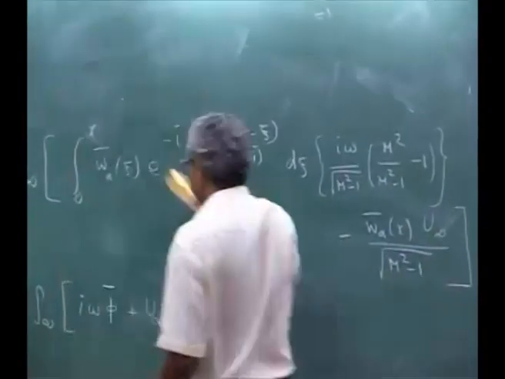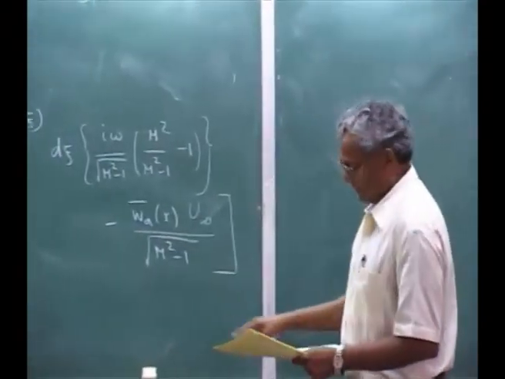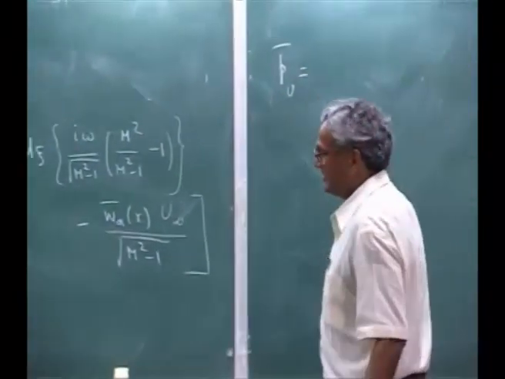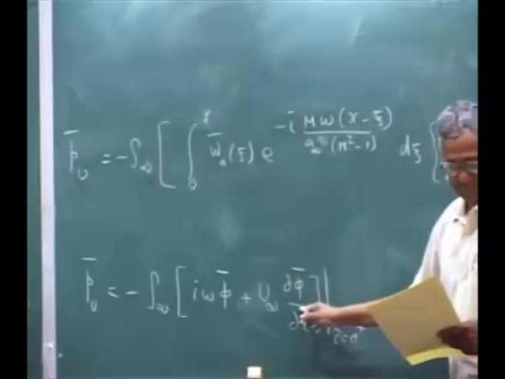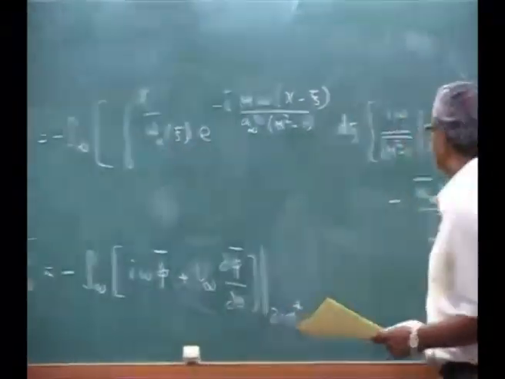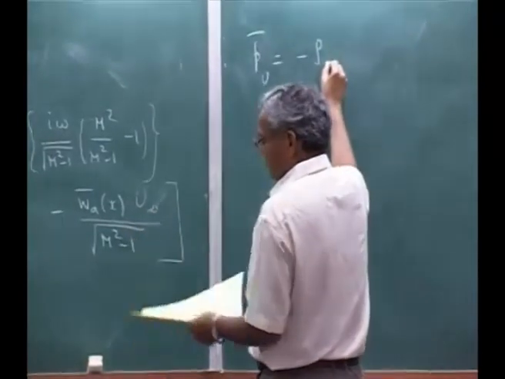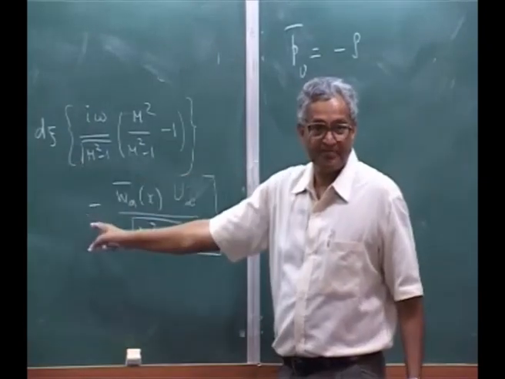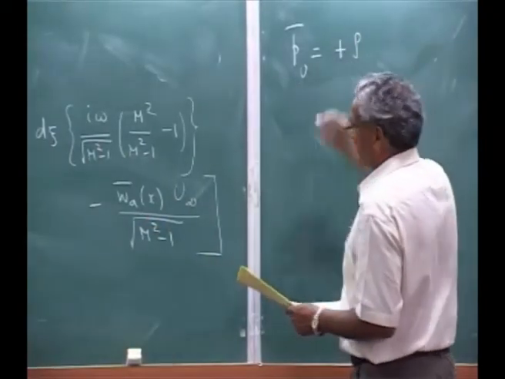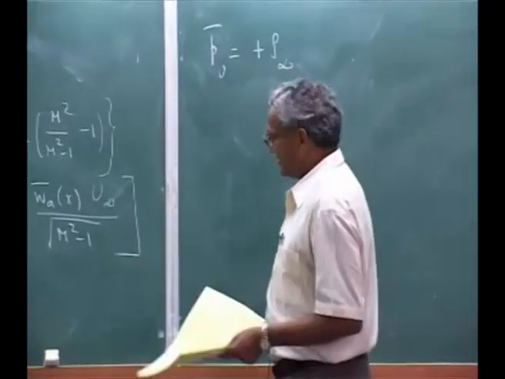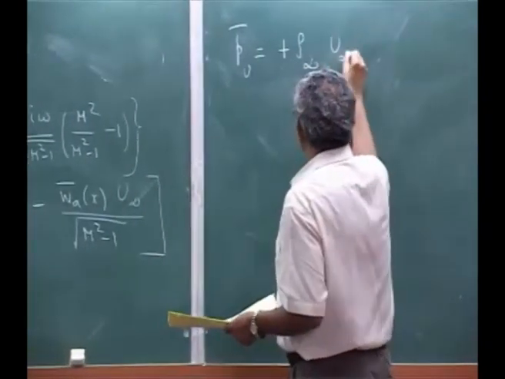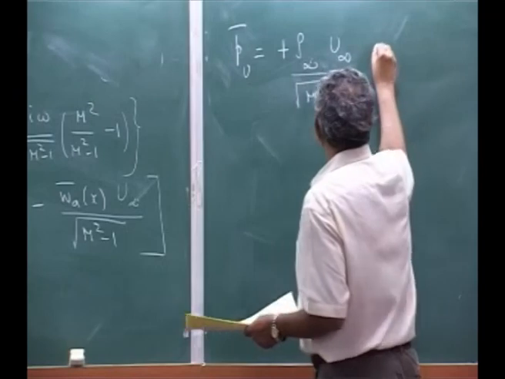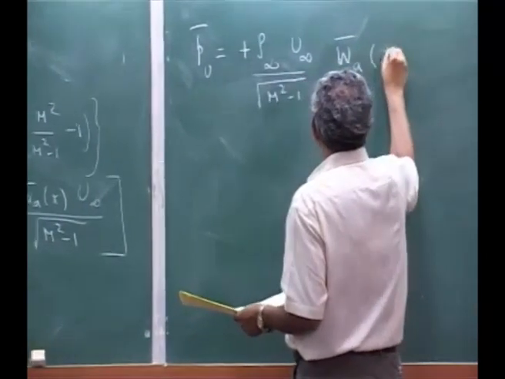This term will be highly simplified. P bar upper is, because I have substituted everything here, P bar upper is minus rho infinity, and this minus rho infinity, minus and minus, it's going to be plus rho infinity u infinity over m square minus 1 w bar a x.